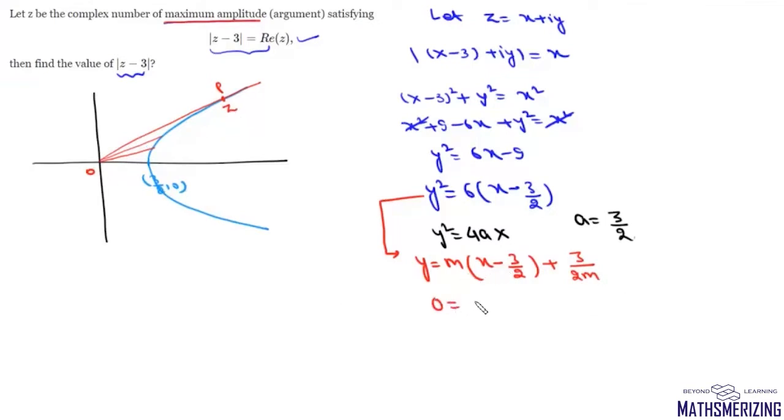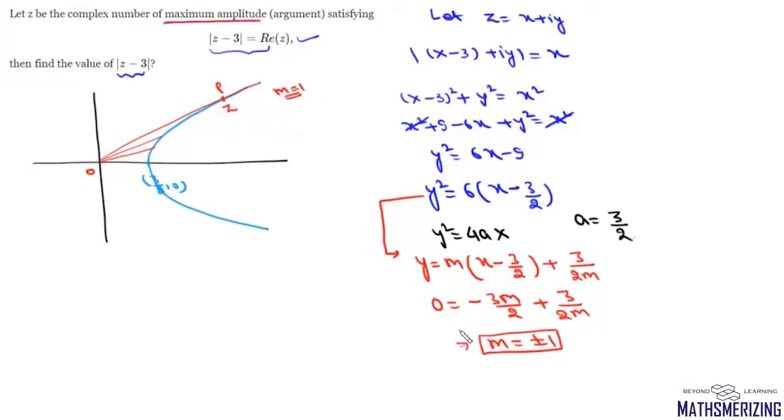We'll get 0 equals minus 3m by 2 plus 3 by 2m. So from here we'll get the value of m as plus or minus 1. Now since we need z of maximum amplitude, we'll take m as plus 1.